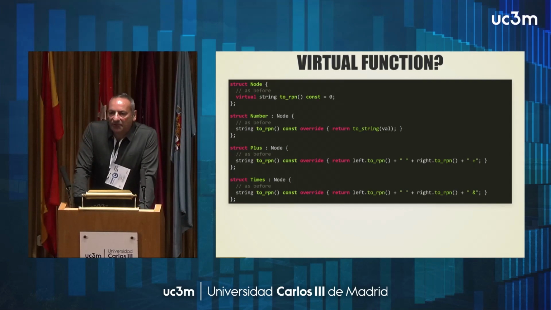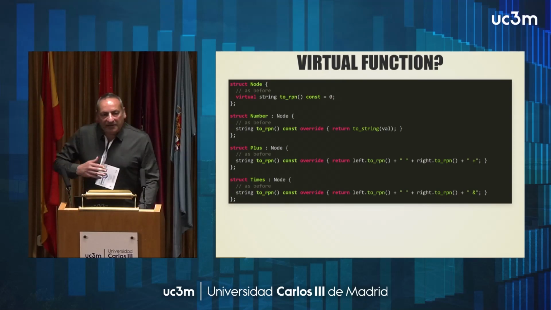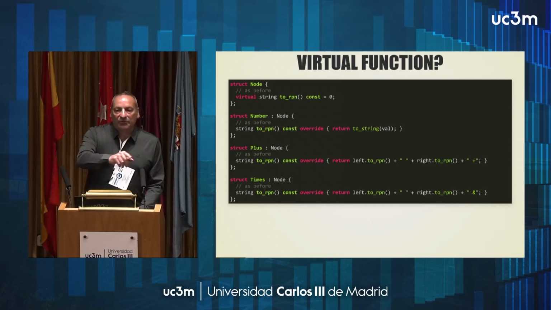The most straightforward way is to simply add a new virtual function to RPN and implement it in the various concrete classes derived from Node. But this works, it's easy, but it has a problem. If you are also using my node hierarchy, you are getting the toRPN function, but maybe you're not interested in it.